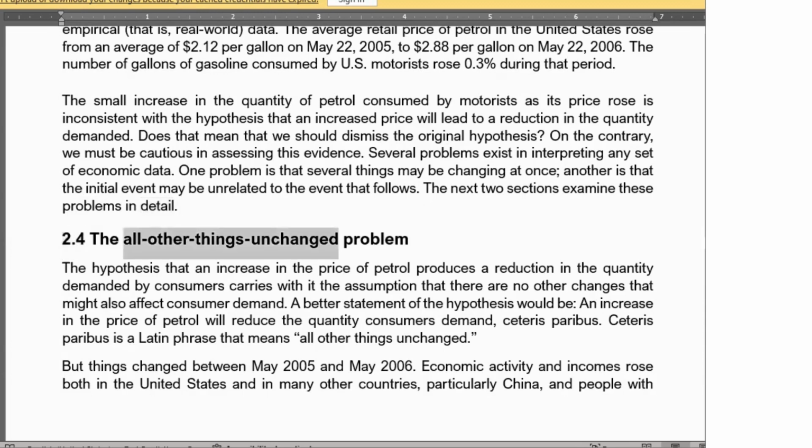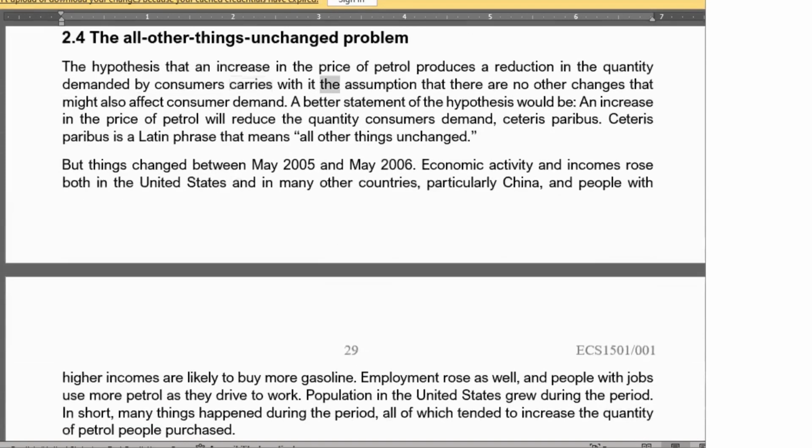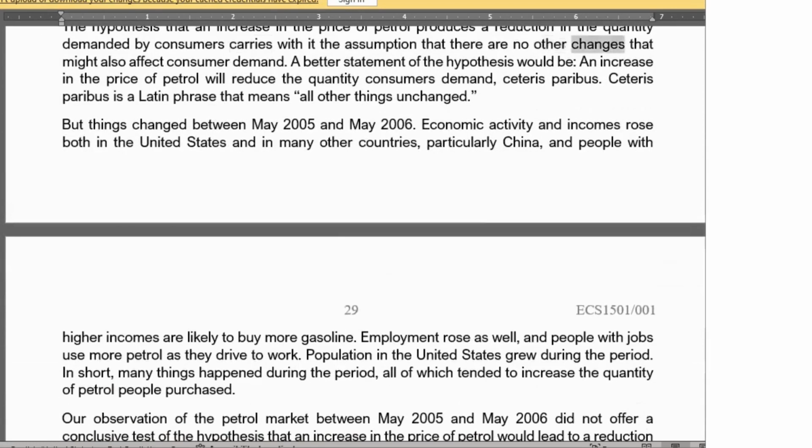2.4 The all other things unchanged problem. The hypothesis that an increase in the price of petrol produces a reduction in the quantity demanded by consumers carries with it the assumption that there are no other changes that might also affect consumer demand.